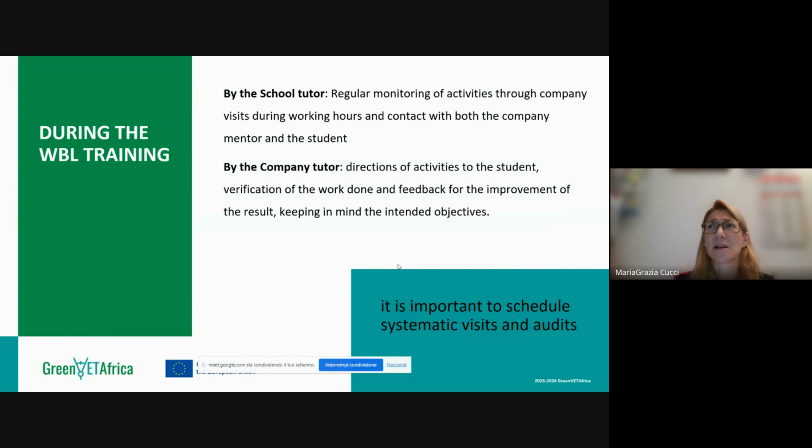It is always something which is didactical. It is not intended to be a job. It is intended to be an opportunity to learn. So he has to keep in mind the objectives that the experience has to achieve. For this reason, the company tutor and the school tutor have to keep in contact to have a good result of the experience.